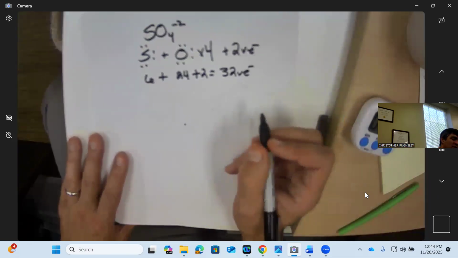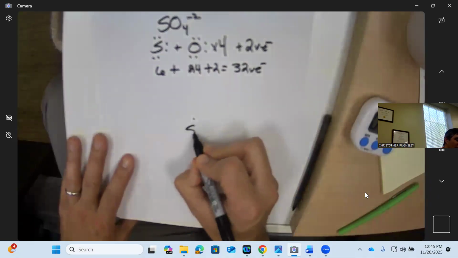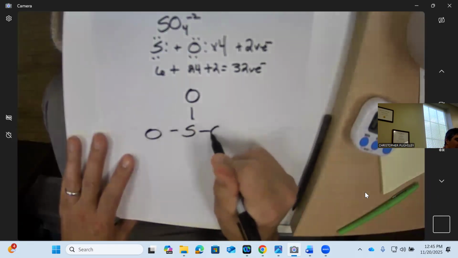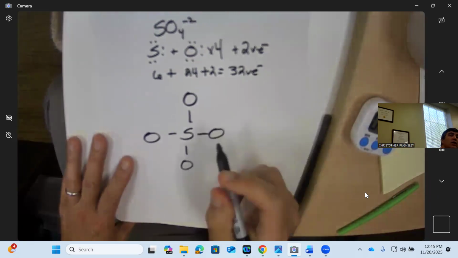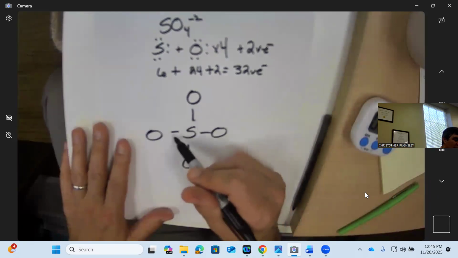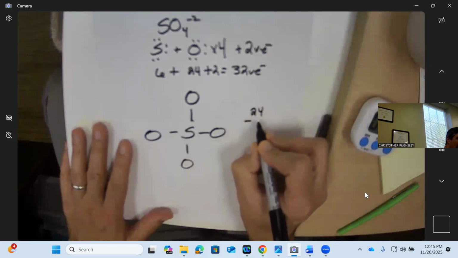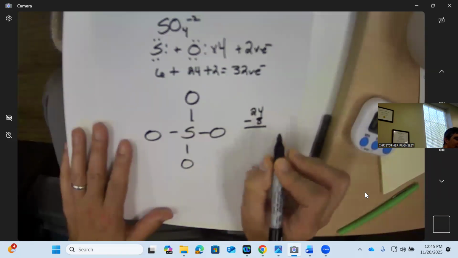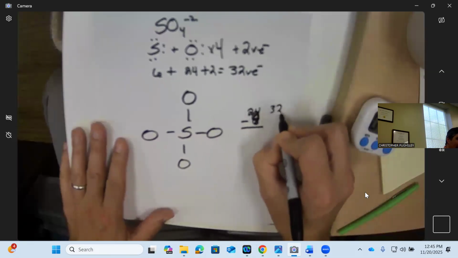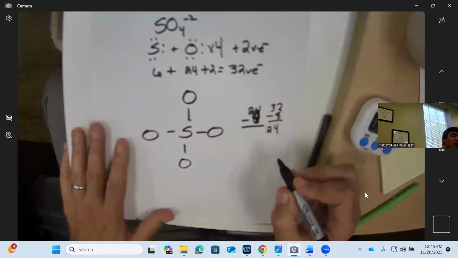We're going to start with the least electronegative element in the middle, sulfur. I'm going to surround it by oxygens. How many bonds is that? 1, 2, 3, 4. That's a total of 8 electrons. So 32 minus 8 is 24.